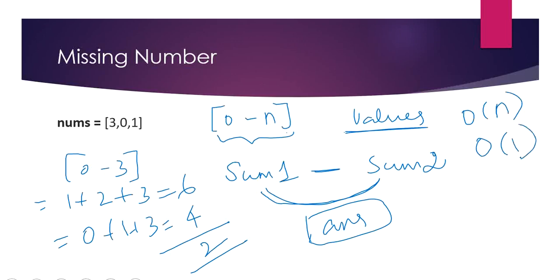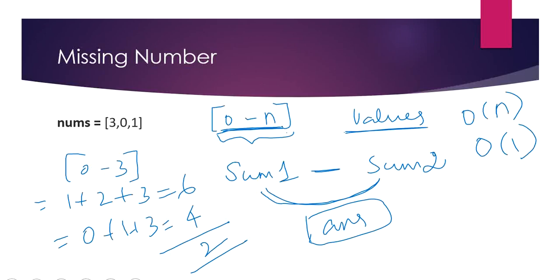So this is achievable in constant space, and there is a little trick to calculate the sum of the range 0 to n instead of using another iterator. So how to do that? We are going to do that using the Gauss formula, which is used to calculate the sum of a range.